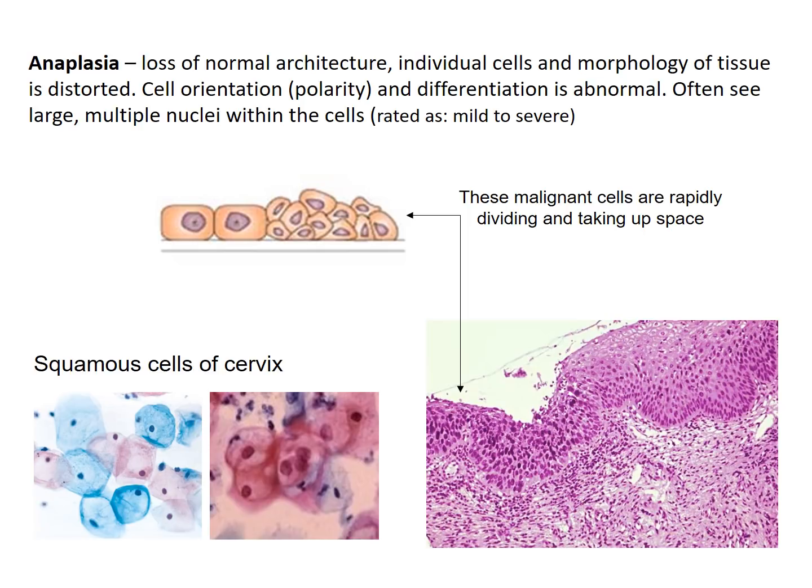Now we're going from right to left, where the right side shows you the normal cervical epithelium, and as you move to the left, look how that layer starts showing you all that loss of architecture, or anaplasia. So again, one of the primary properties of cancer is anaplasia, and that's shown very nicely here in the cellular Pap smear and in the cervical biopsy, showing you anaplasia of the cervix. Nice pictures there.